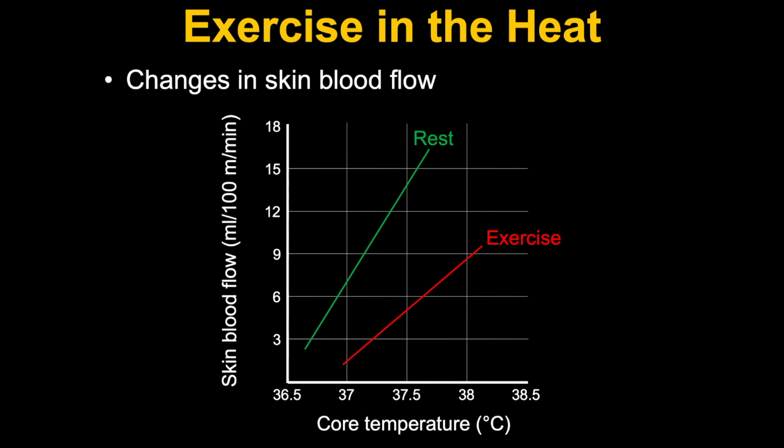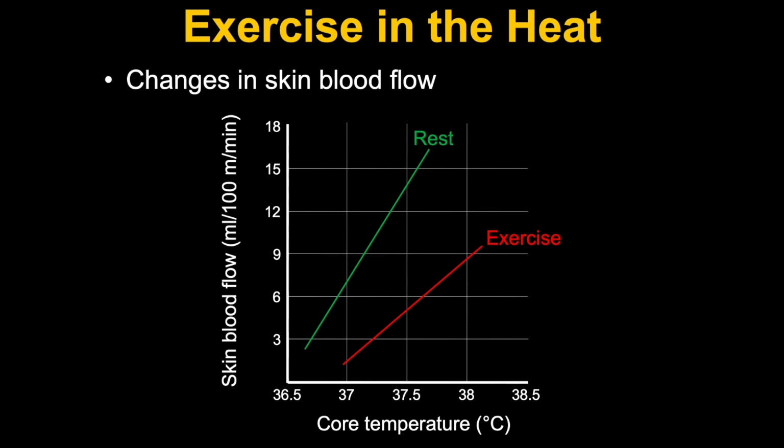When core body temperature starts to increase under resting conditions, skin blood flow is also going to rise more rapidly, which results in a very effective heat transfer from the core to the periphery. So at the beginning of exercise, when there's no thermal stress present, skin blood flow is actually going to initially decrease. However, if core body temperature begins to rise as exercise progresses, then skin blood flow will increase, but at a much slower rate than at rest.